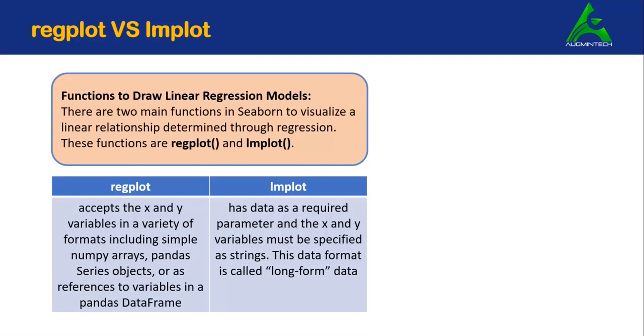Regplot will accept the x and y variables in a variety of formats including simple numpy arrays, pandas Series objects, or references to variables in a pandas DataFrame, whereas lmplot has a required data parameter and the x and y variables must be specified as strings. This data format is called long form data. So these are the differences between regplot and lmplot.